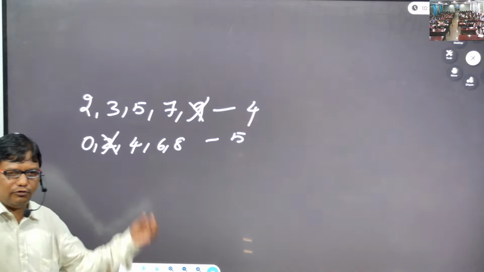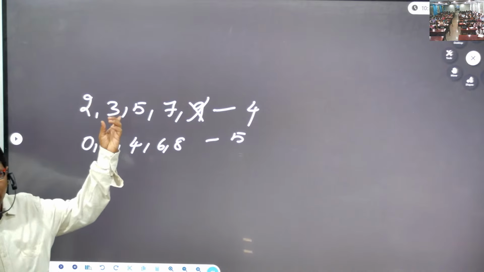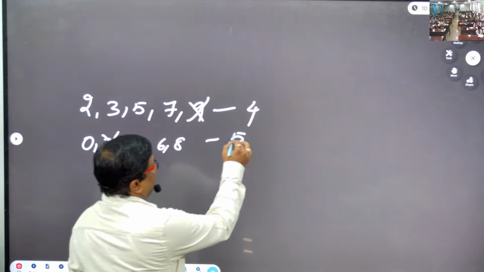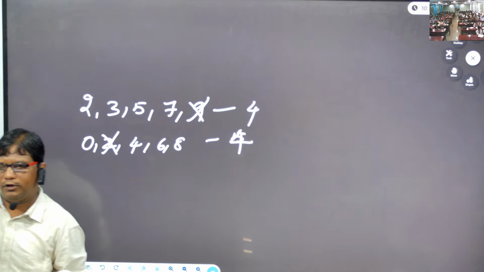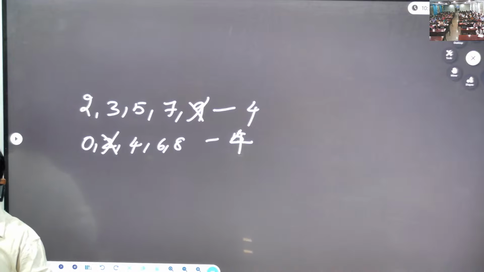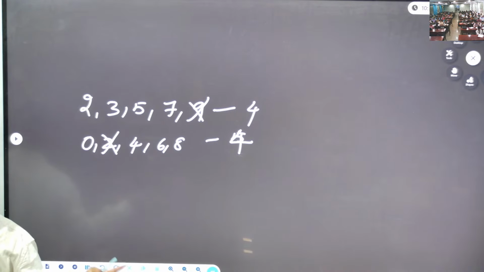So we eliminate it from the even numbers because it is already counted in the prime numbers. So how many ways do we have? 4 ways. So 4 plus 4, 8 ways we are adding for getting a number less than 10 that is either a prime number or an even number.